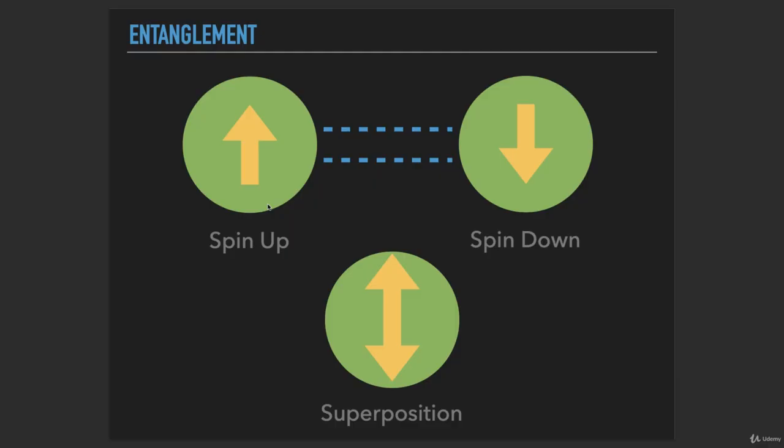We can actually use this phenomenon in order to entangle qubits, so they can have correlation between them. In the case of electrons, one can be spin up and the other one will be immediately spin down, but we can also correlate them in a way that they are both up or both down. So we can have the same result in a series of qubits, or a series of electrons, for example, and it can increase the possibility that we can do very big calculations in a very short time.